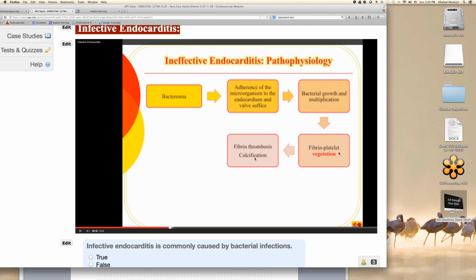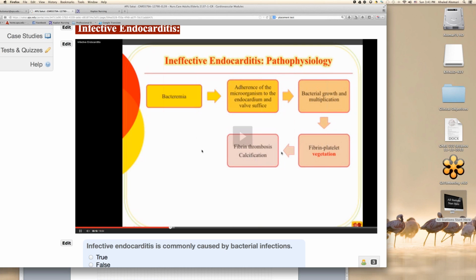When that takes place, the whole cascade of reaction between microorganisms and the immune system produces vegetation, which is colonization of bacteria, as well as platelets and white blood cells starting to attack and be in the area, which will lead to formation of clots. So the problem is that you have thrombosis and you have vegetation.